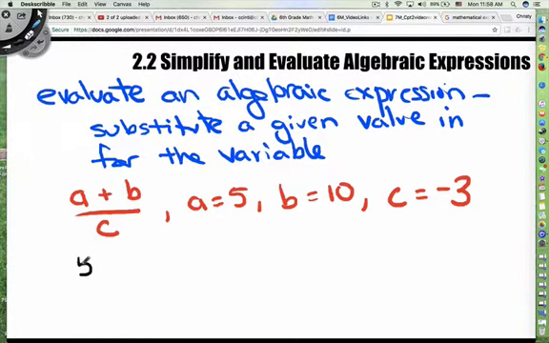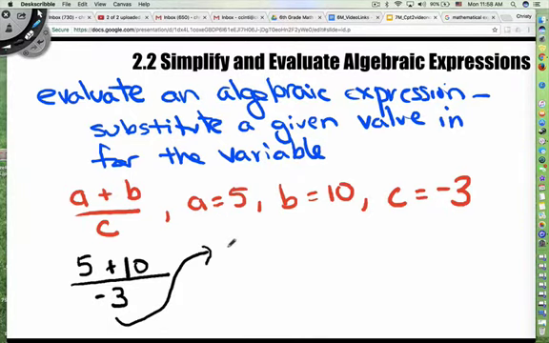A is 5, so 5 plus B, we plug the B in for 10, and then C is equal to -3. Remember that I like this to be set up in your notes above each other, right below it. So the next step, the next step, the next step. Unfortunately, I don't have enough space, so I'm going to draw an arrow indicating that this should actually go underneath. So 5 plus 10 is 15 divided by -3, I rewrite, and then 15 divided by -3 gives me a -5, and then I circle my answer.